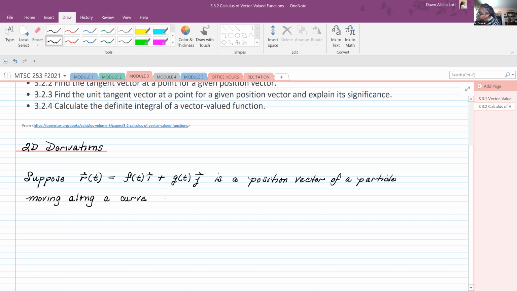And f and g are differentiable functions.